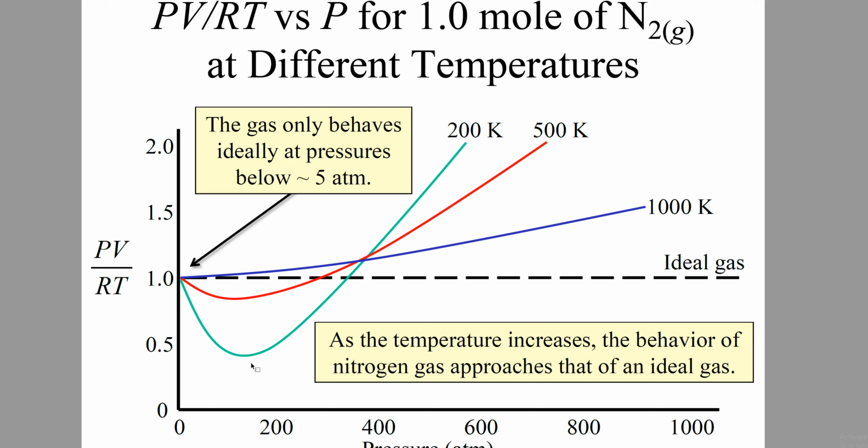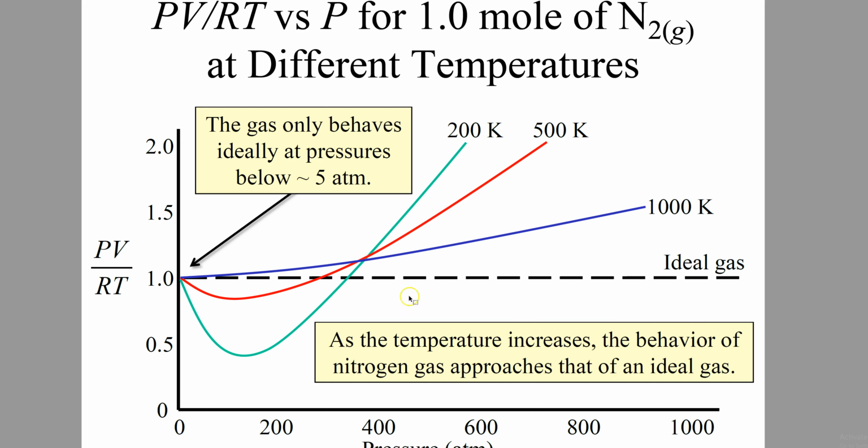So here's an example of also the PV/RT and how it changes depending on the temperature. So if I increase the temperature of any substance, you can kind of see that it's going to be changing the moment I begin to increase that temperature.